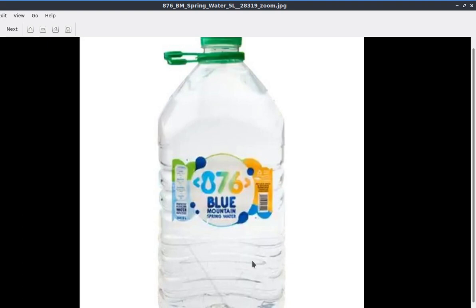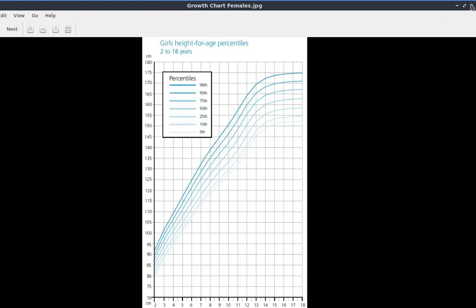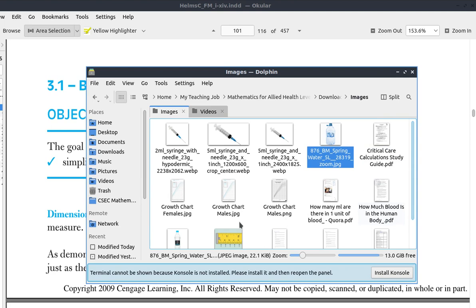And the amount of blood in the average human body is around 5 liters, a little more than that. So you buy a 5 liter bottle of water, that's about the amount of blood in the average person. Of course, it varies from one to the other, but it's average.